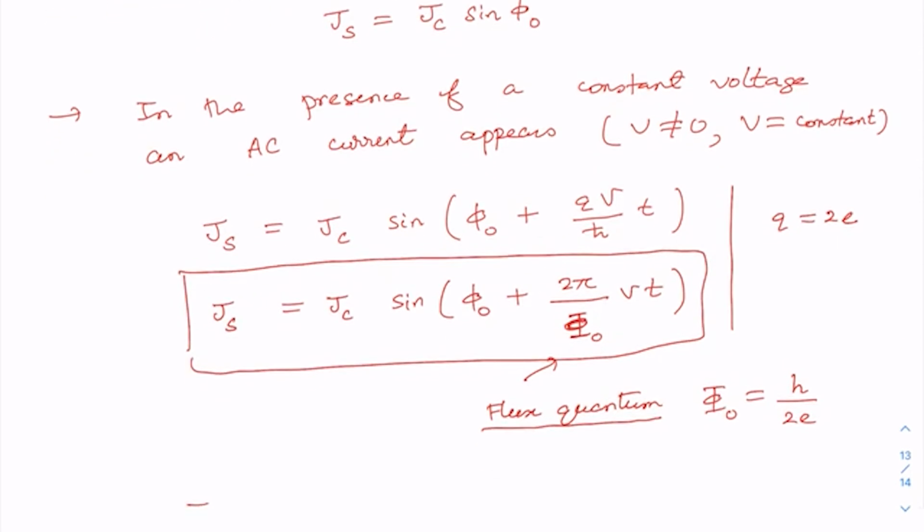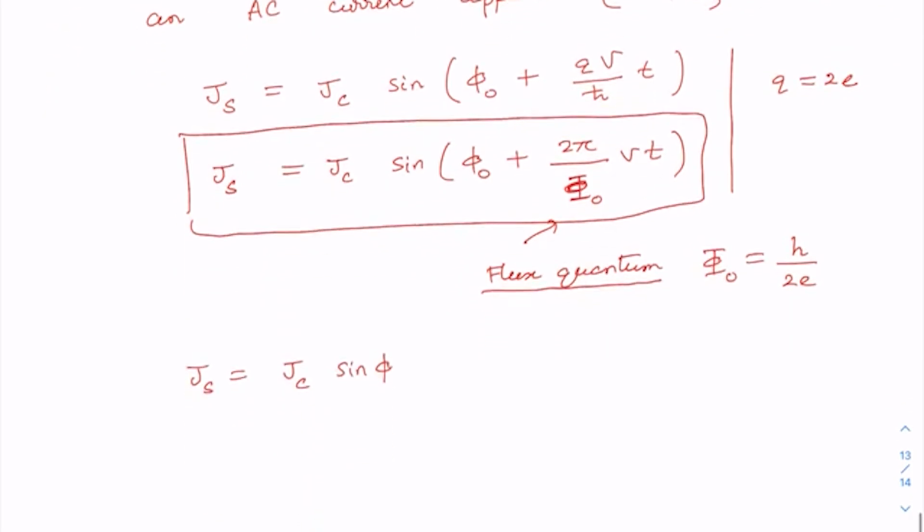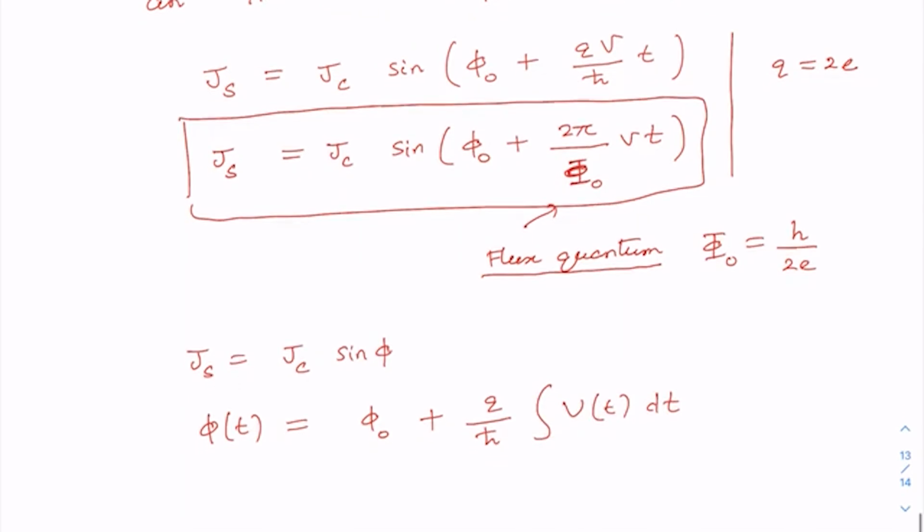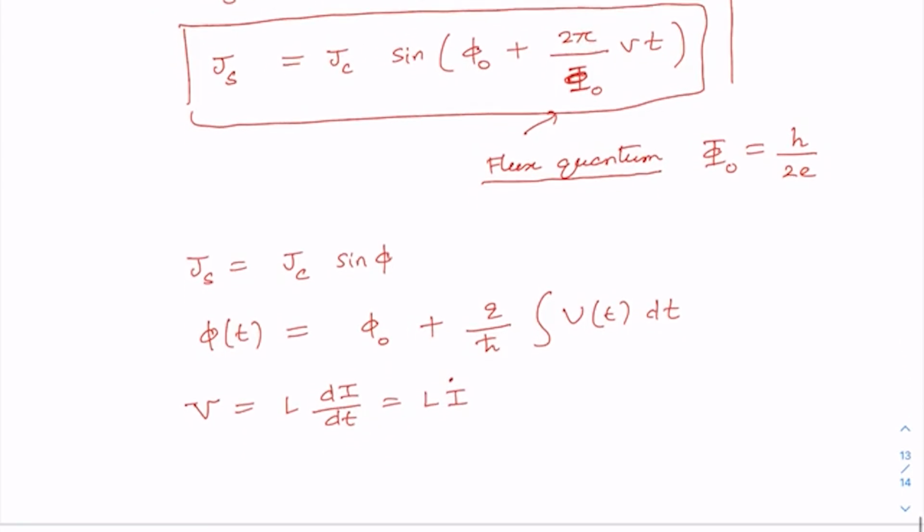Now from the expression for this current density, Js is equal to Jc sine phi, phi is the phase, and the phase is now time dependent. It is related to the voltage by this expression that we already discussed, integral of V of t dt. Also we know the relation for the inductance in a circuit, related to the voltage by V equals L di dt, or simply L I dot, where the dot represents the time derivative.